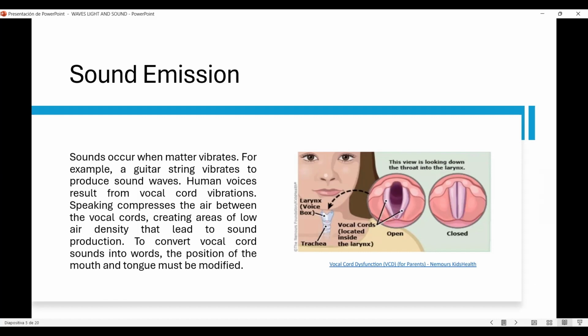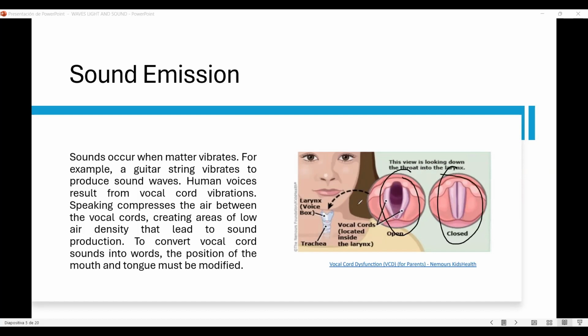All right, so we have sound emission, right? As we have seen, sound is created when an object vibrates. This causes the surrounding air molecules to also vibrate. These vibrations can occur in various ways, such as when a guitar string is plucked, or when vocal cords vibrate while speaking, right?